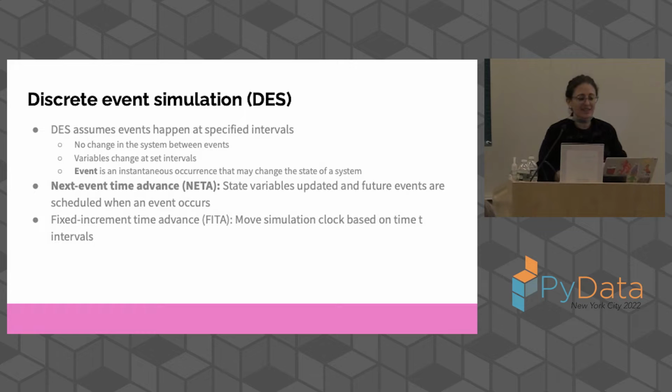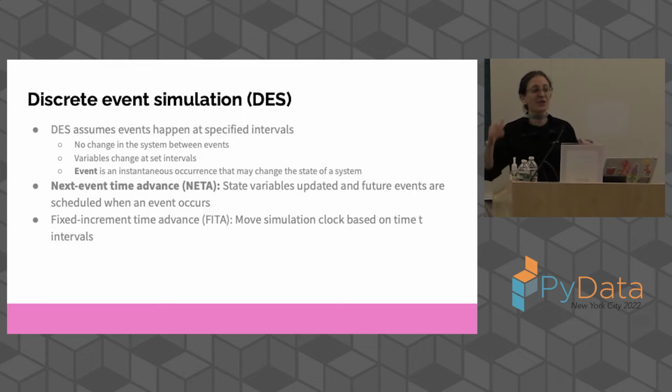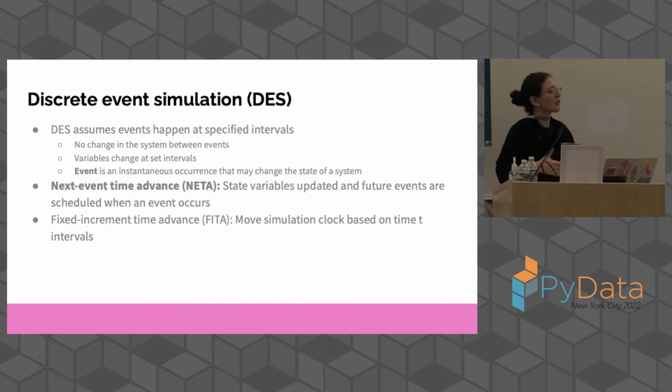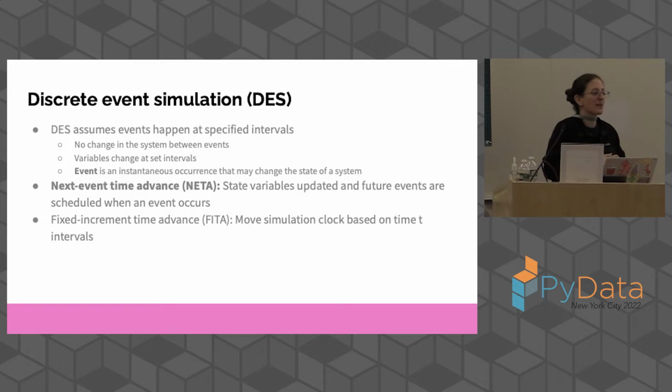Fixed increment time advance would be when that simulation clock, because this whole thing is about simulating a system, there's a clock that's ticking in the corner, right? Tick tock in the corner, that is our simulation moving along, and fixed increment time advance would be when we move the simulation clock on those fixed intervals.